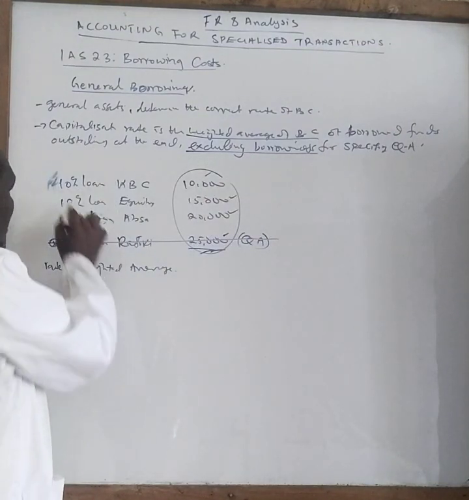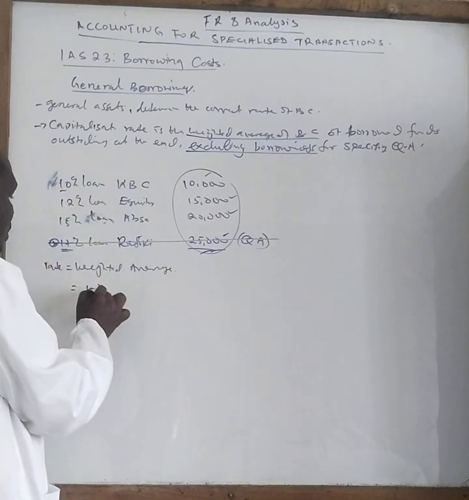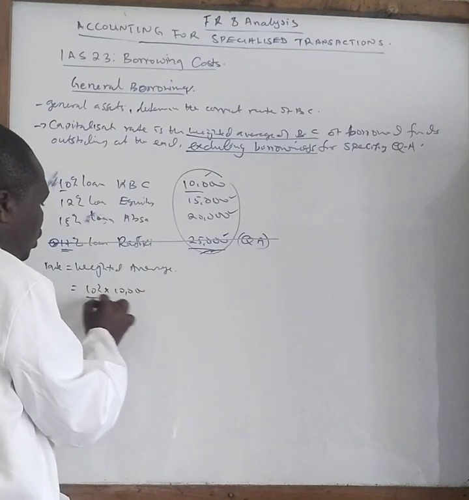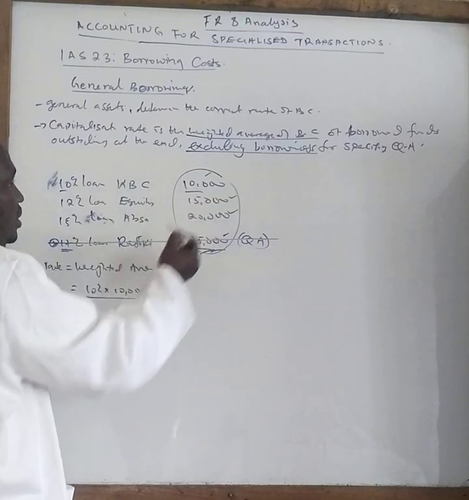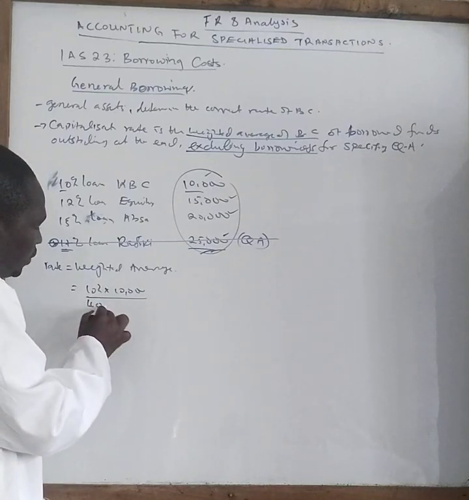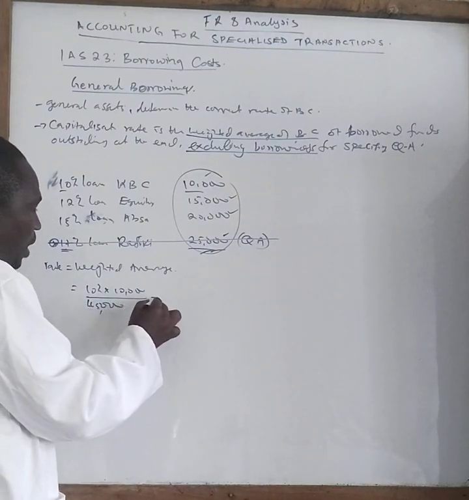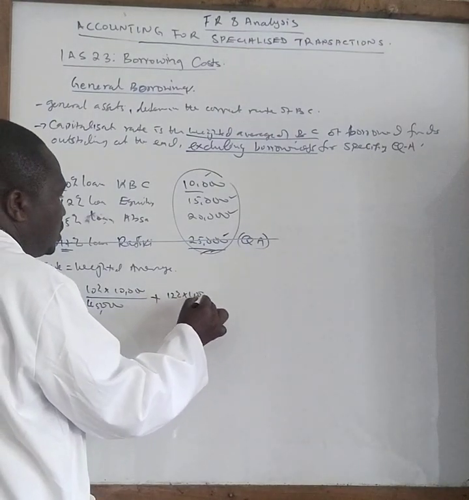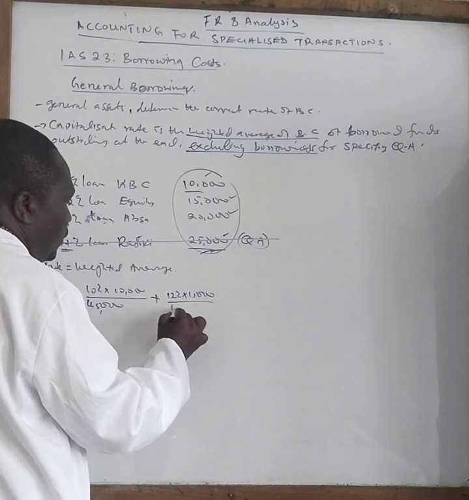Now we can say the rate here is 10% times 10,000 over the total. How much is the total? This plus this, 25 plus that, 45,000. Then you say plus 12% times 15,000, divided by the total 45,000.